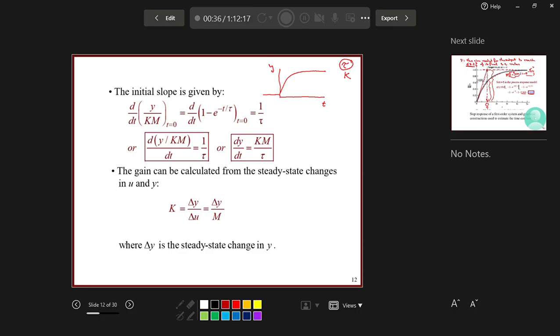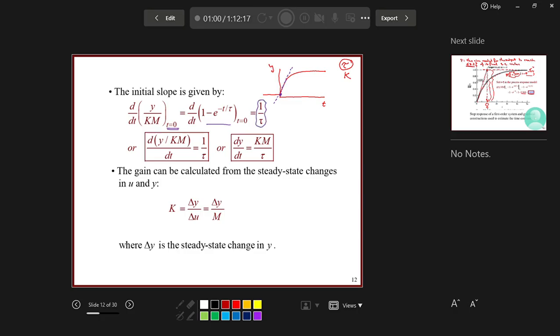So I need to take the slope of this line at time equal to 0. What I'm intending to do is to differentiate y over KM at time equal to 0. Differentiating this and substituting 0 will give me 1 over tau.